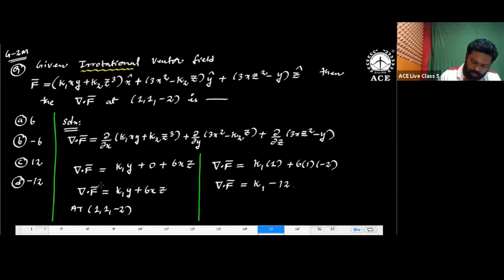So what happens? Resubstitute here. Divergence of F is equal to 6 minus 12, which is equal to -6.